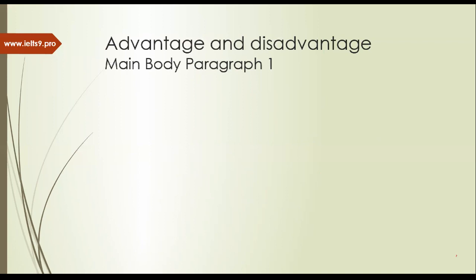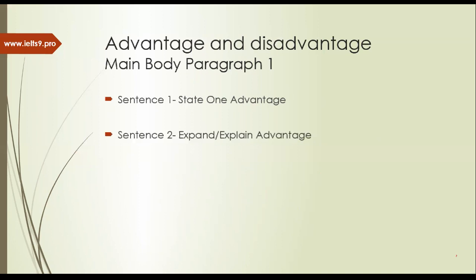So let's take a look at the different question types now. Advantage and disadvantage. For the advantages paragraph, state the advantage, explain why it's an advantage, and give an example. And sentence 4, give a result or consequence of why it's an advantage.